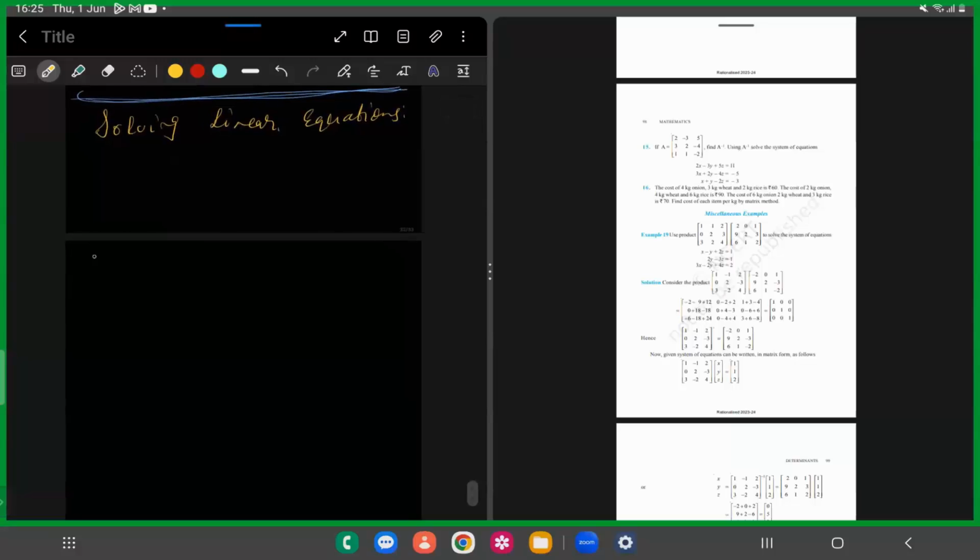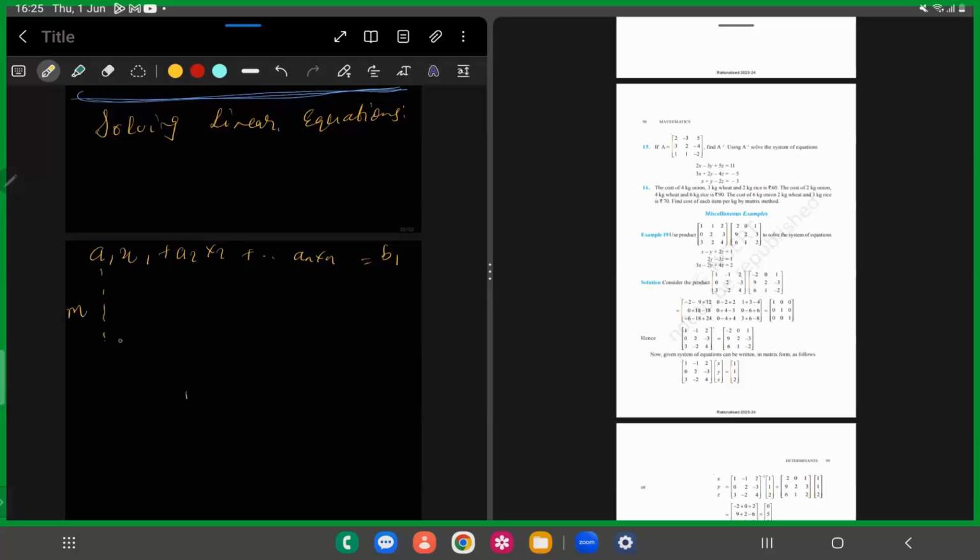So the general idea is that let's say our equation is something like a1 x1 plus a2 x2 plus up to an xn equal to b1, where x1, x2, xn are variables and a1, a2, an are coefficients. Let's say we are given some m equations.